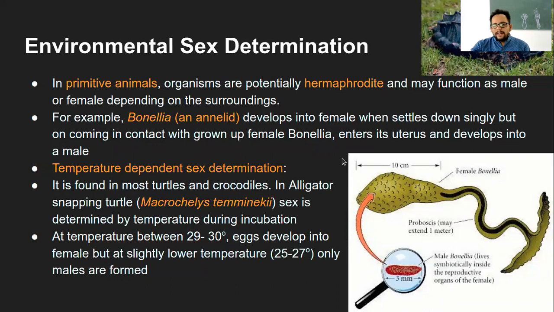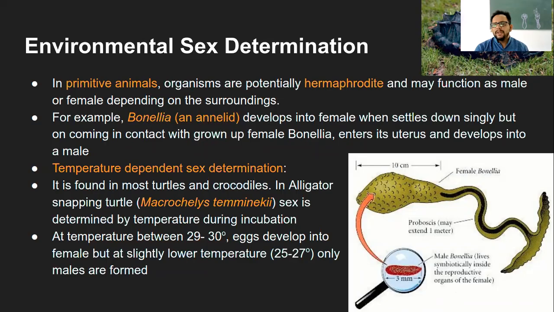Now, Bonellia is one of the annelid species. Annelid, I hope you remember, have ring-like structures on their bodies. It's like an earthworm type of body, but with more ring-like structure. One example of an annelid is Bonellia.